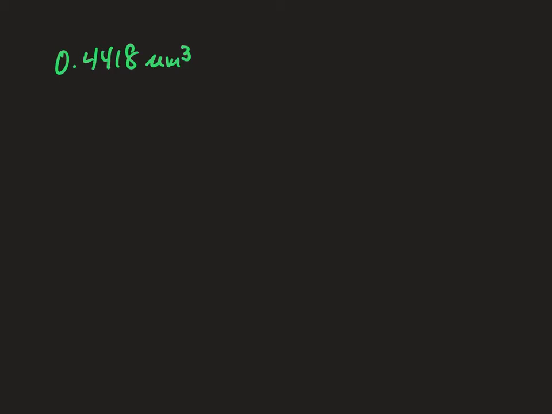Okay, so let's start again with our volume of the mitochondrion, which is 0.4418 cubic micrometers. And so let's convert that to liters. Well, we know that there are 10 to the 6th micrometers in a meter, and there are 100 centimeters in a meter.